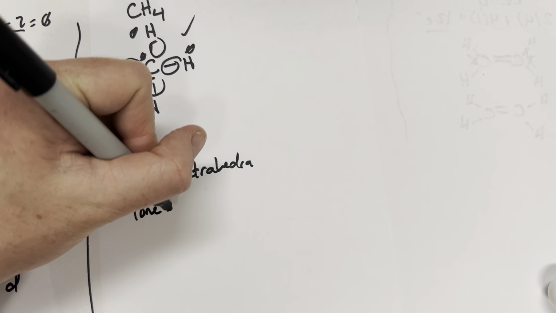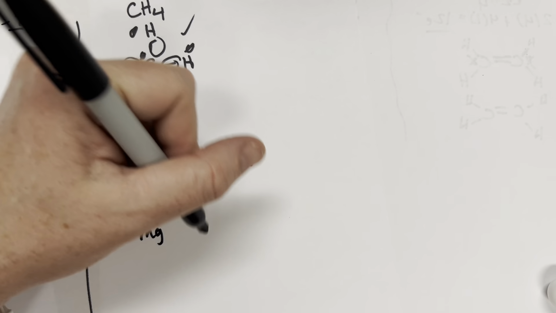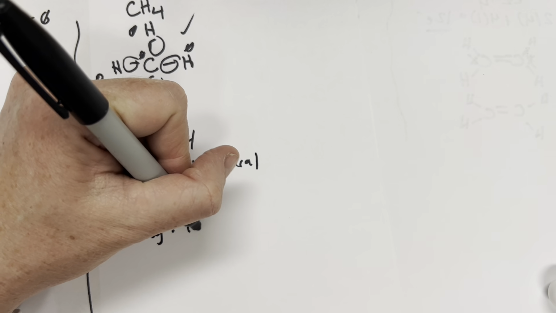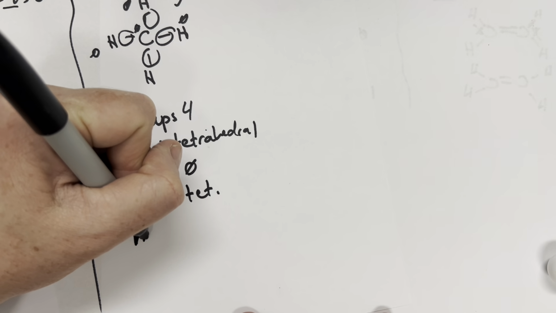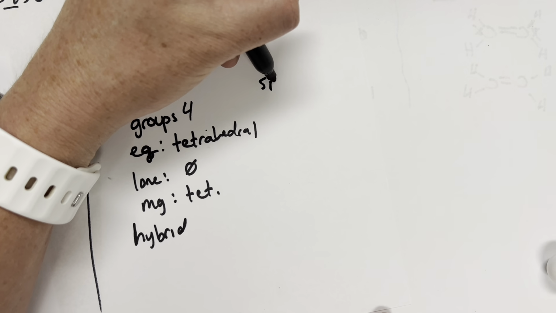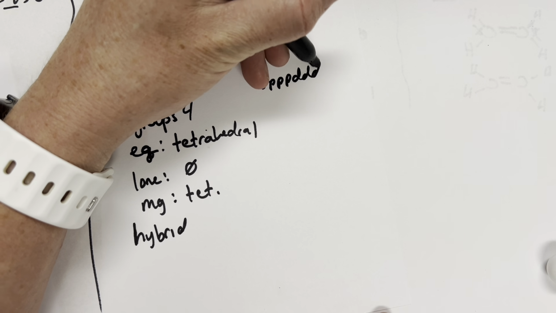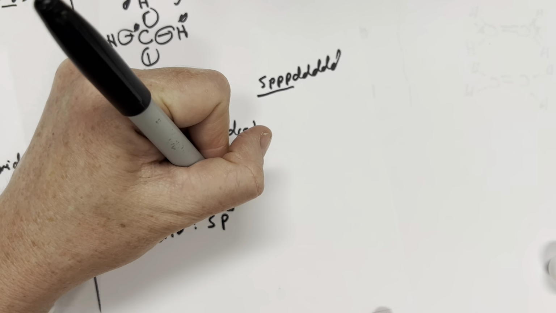It has 0 lone pairs, so therefore its molecular geometry also has to be tetrahedral. Its hybridization, because it had 4 electron groups, you go through the first 4 and you just get sp3.